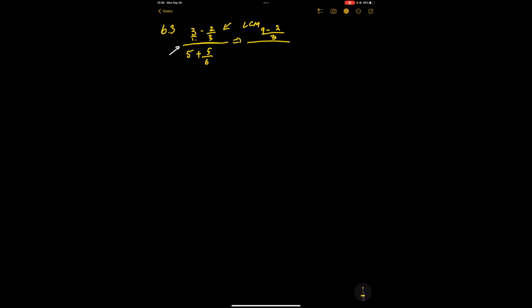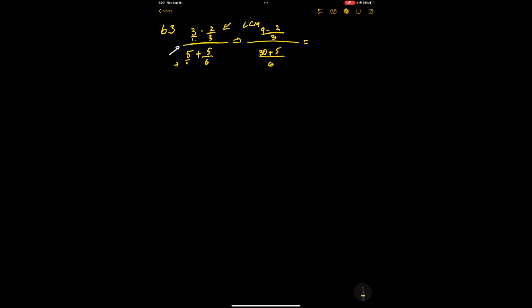Then we put the line again, the divider, and do the same for the bottom part. This is a 1, so we know the common denominator is going to be 6. 6 divided by 1 is equal to 6, 6 times 5 is 30, plus 6 divided by 6 is equal to 1, 1 times 5 is 5.